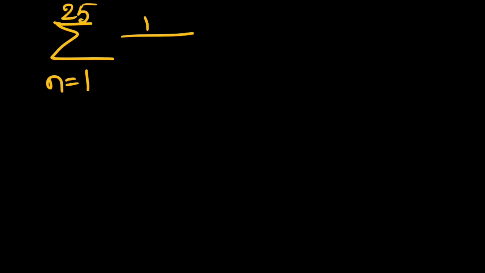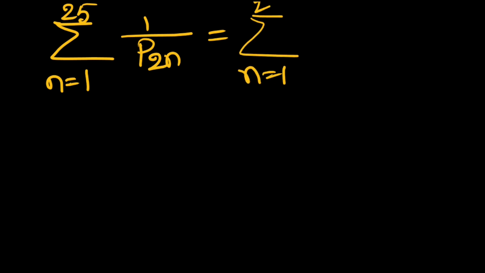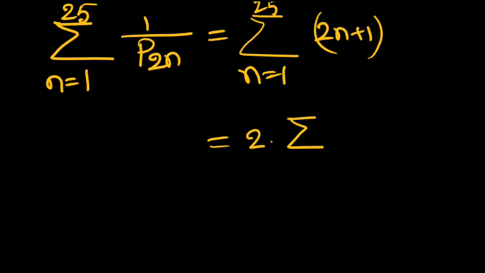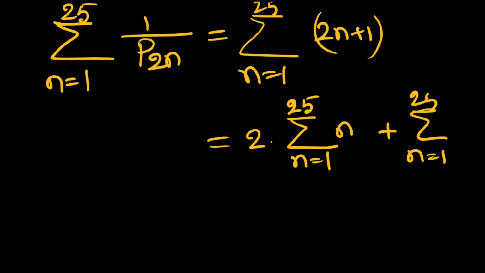In the question asked, find the value of summation n = 1 to 25 of 1 over P(2n). So put here the value of 1 over P(2n), and the summation runs n = 1 to 25 of (2n+1). Now break this summation to bring 2 outside the summation: 2 times summation n = 1 to 25 of n plus summation n = 1 to 25 of 1.